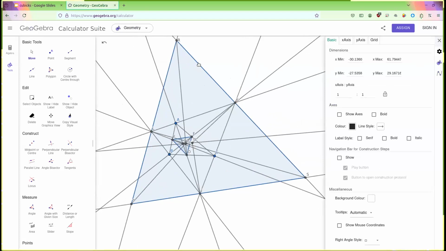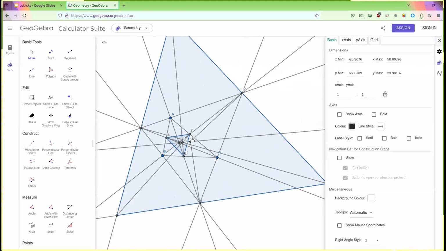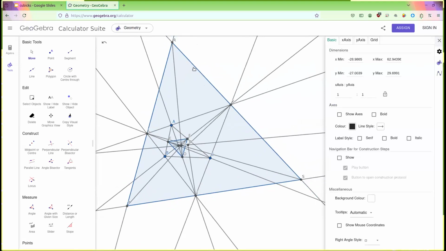So now we have that you could find the isogonal conjugate of O inside triangle RST.